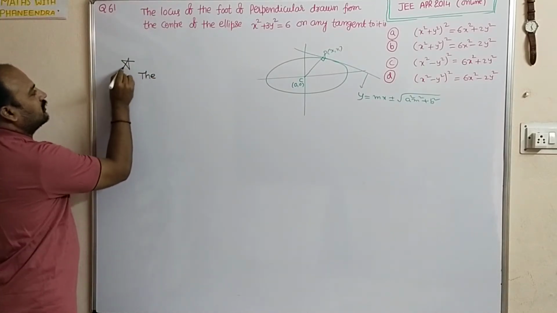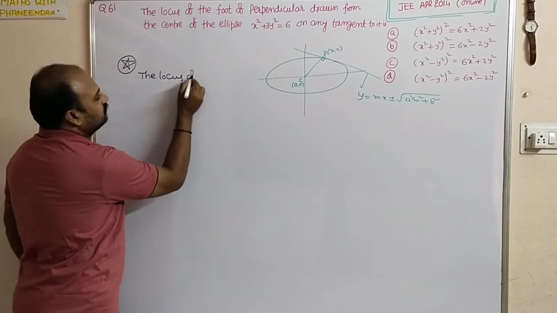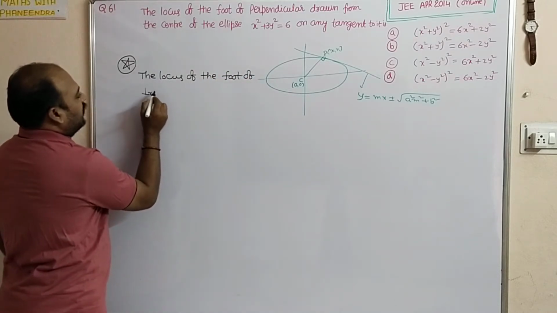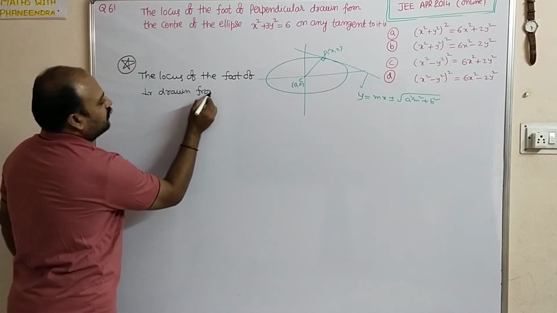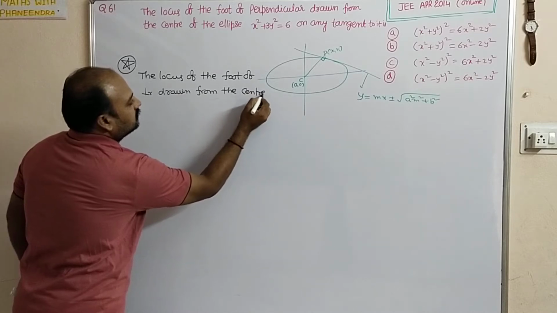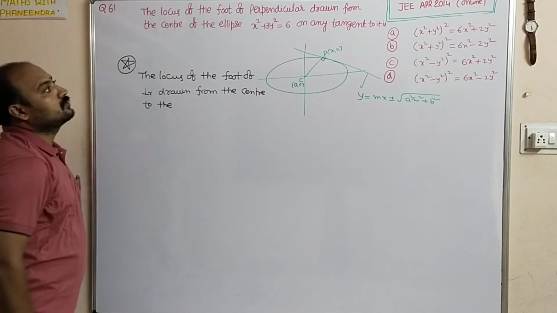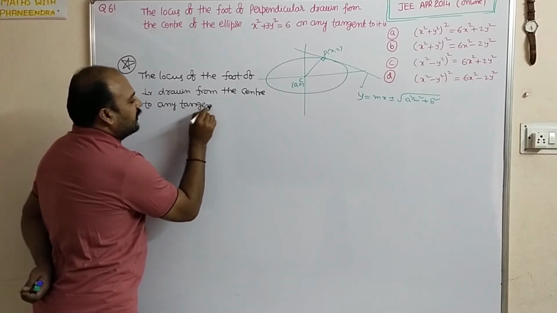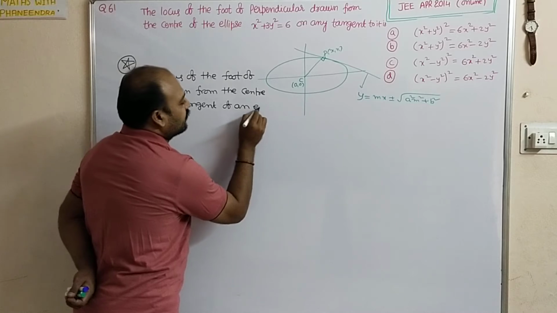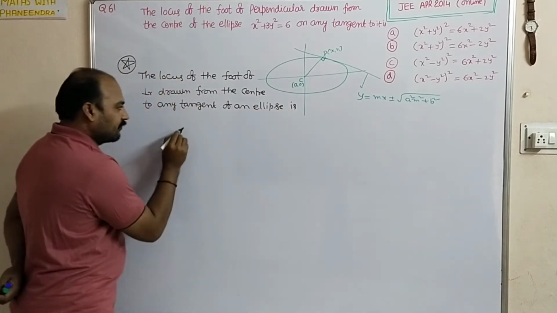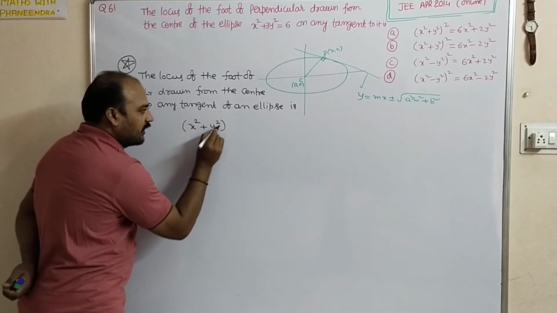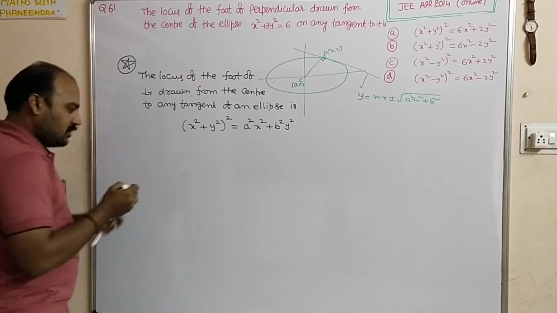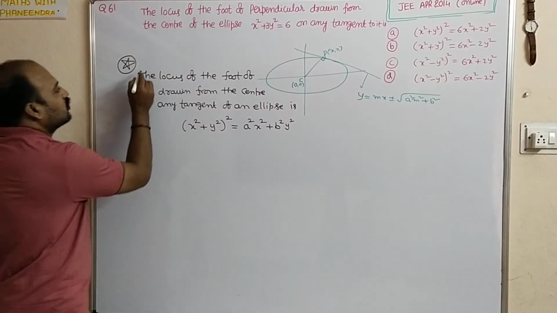The locus of the foot of perpendicular, or the feet of perpendicular, drawn from the center to any tangent of an ellipse is x square plus y square whole square is equal to a square x square plus b square y square. This is the formula.